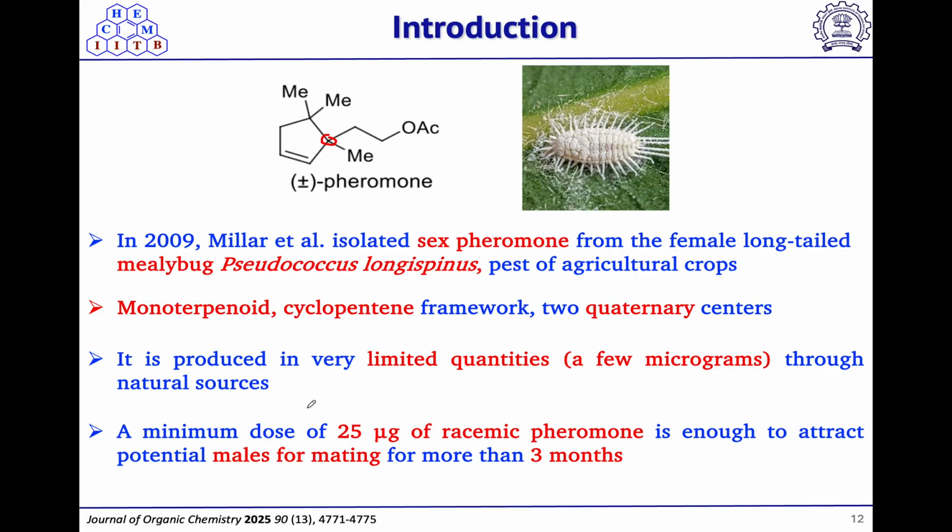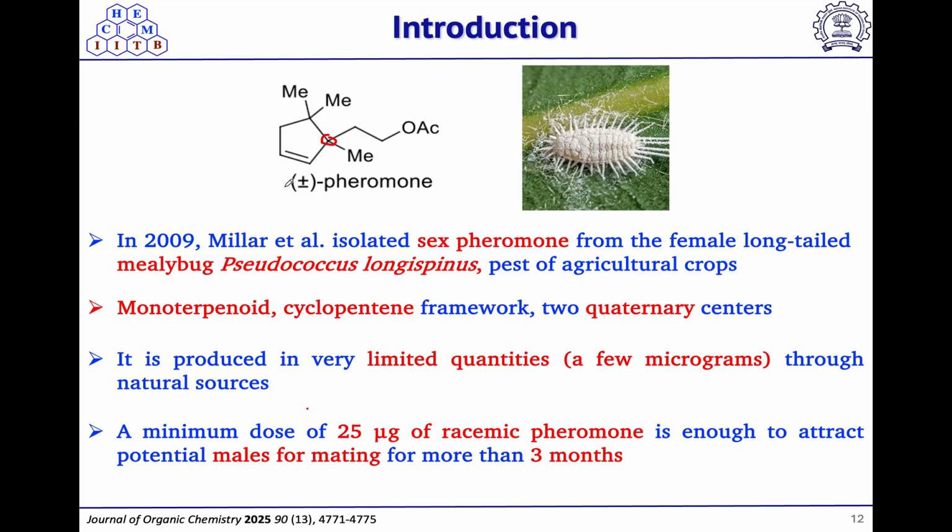Also, the last bullet point there says a minimum dose of 25 microgram of racemic pheromone is enough or sufficient to attract potential males for mating, and it can last for more than 3 months. Anyway, we will not go into details of biology.